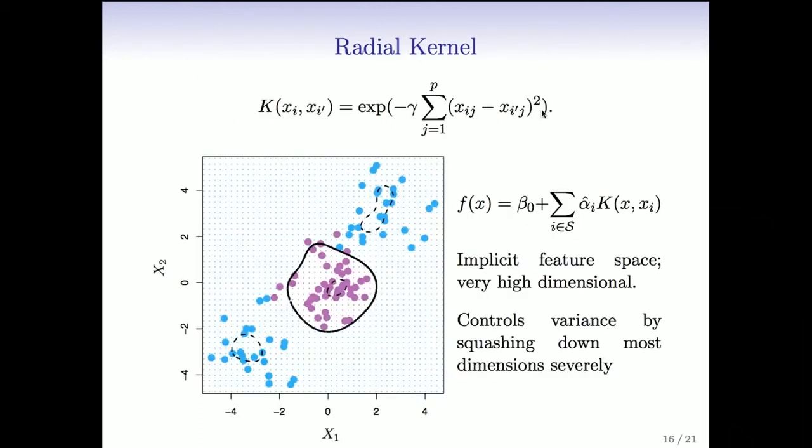One of the most popular kernels is called the radial kernel, and it's defined like this. If you know what a multivariate Gaussian distribution looks like, this is the important part of that distribution. It's a sum of squares between the components of xi and xi prime, each of the elements. There's a gamma here, a tuning parameter, and the whole thing is raised to the power e.